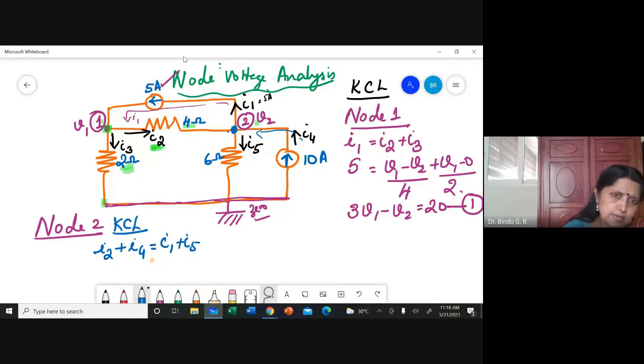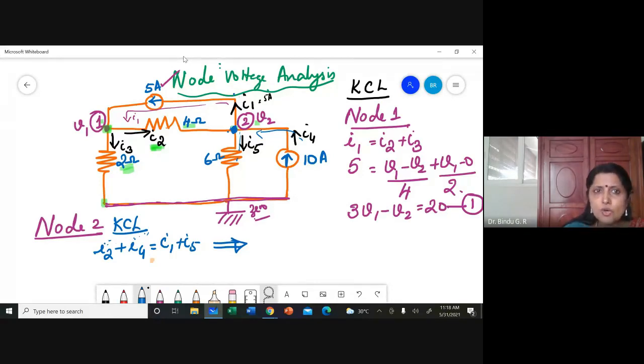I hope this is correct. If I am wrong, please correct me. I2 is a current coming onto the node, I4 is also a current coming onto the node. So all those are kept on the left hand side. I1 is going away, I5 is also going away.